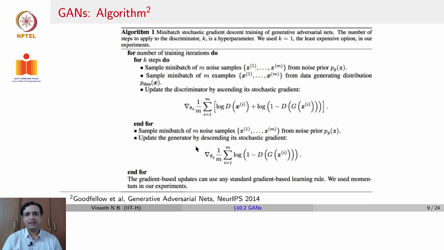One point here is, what does it mean for such a network to converge? So far, whenever we had a loss function, we always wanted to minimize the loss function and ensure that the loss goes to 0.